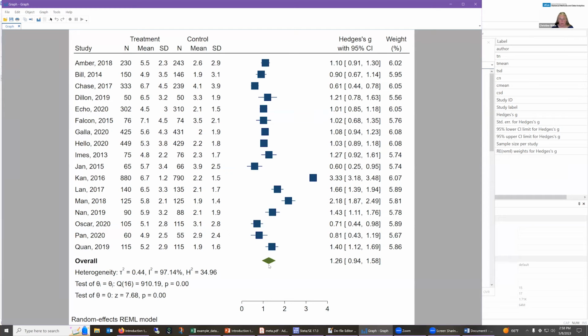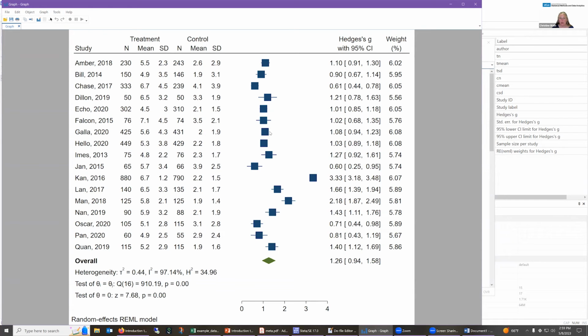And then this green, call it a diamond thingy, tells us where the overall effect size is with its confidence interval as well. You can see that the higher the weight, the smaller the confidence interval. So this has a fairly large weight, small confidence interval.